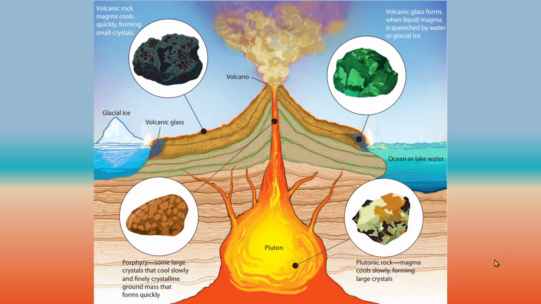Examples of rocks formed inside a volcano are plutonic rocks and porphyry, whereas rocks with glassy textures, most of the time, form outside or under a volcanic layer.